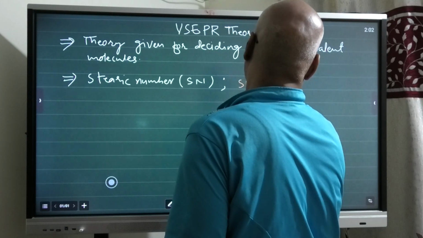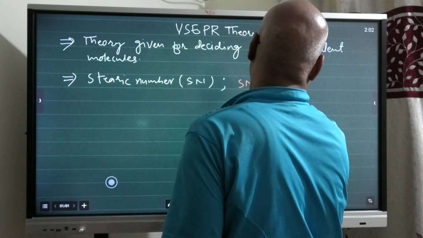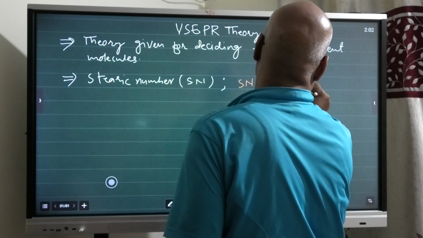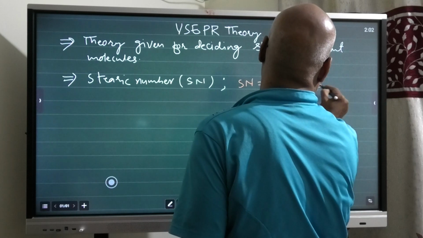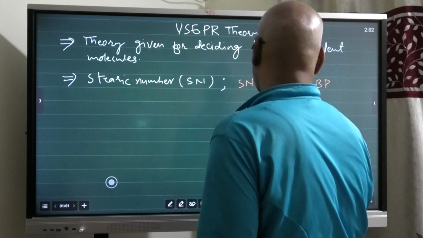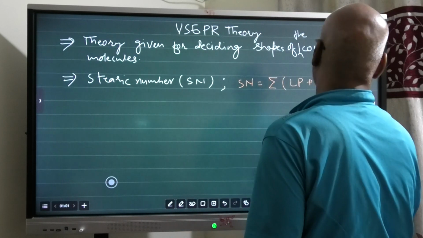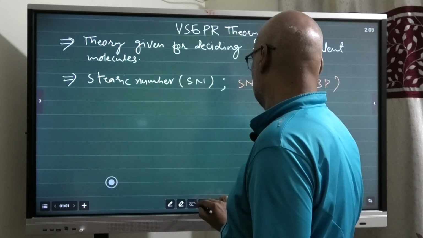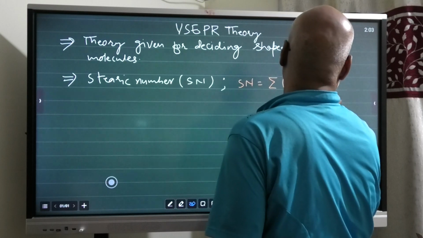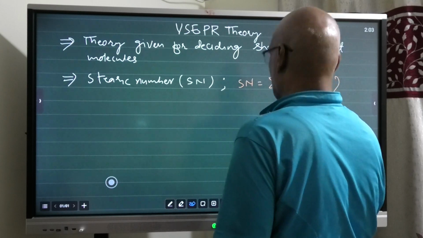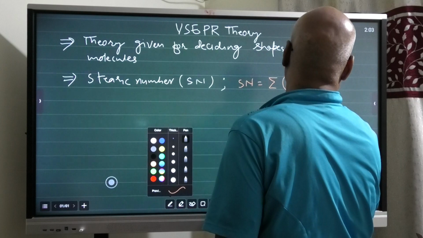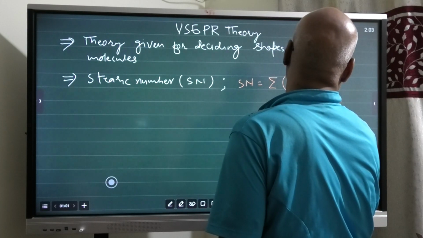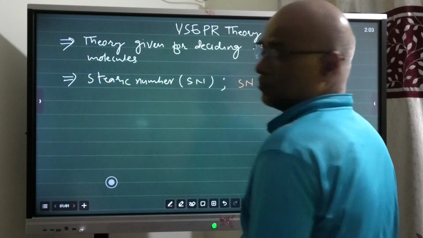Sn is basically the sum of lone pair plus bond pair.